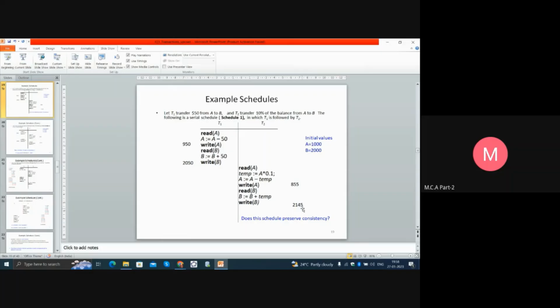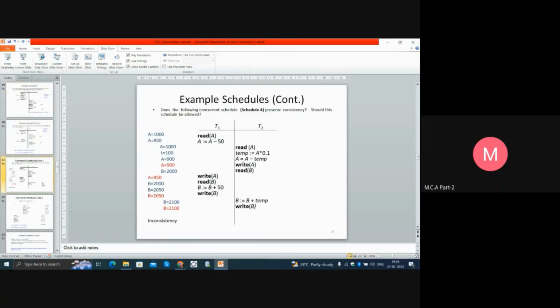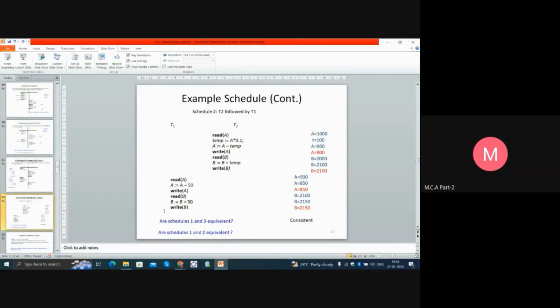So although schedule 1 and schedule 2 are both consistent, schedule 1 is not equivalent to schedule 2, because the final writes of schedule 1 are written by T2, but the final writes of schedule 2 are written by T1, and the values are different. So the answer is no.